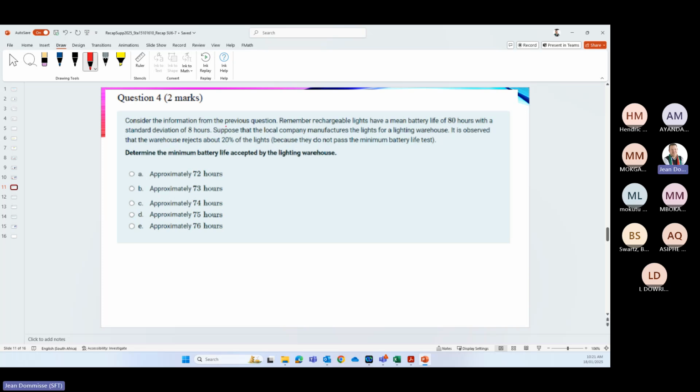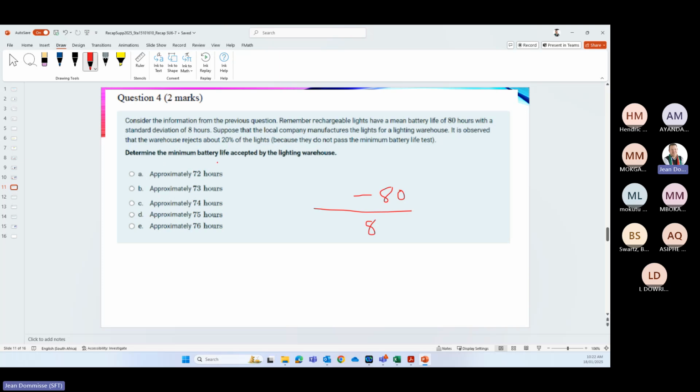So consider the information from the previous question, but they give it to you again. Remember, rechargeable lights have a mean battery life of 80 with a standard deviation of 8. Suppose the local company manufactures the lights for a lighting warehouse. It's observed that the warehouse rejects about 20% of the lights.